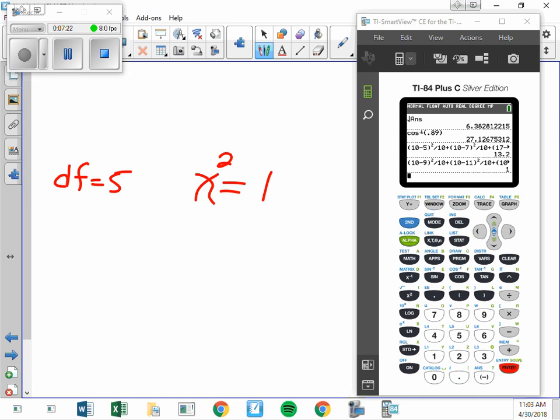So I go back to my chi-squared chart. 5 degrees of freedom, 1 lands in, it's greater than 90%, which means we accept the null and say the dice is fair. The differences in the chart can be explained by chance variation. There's no statistically significant difference.